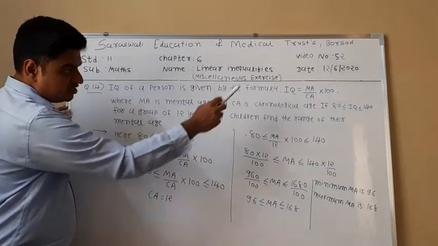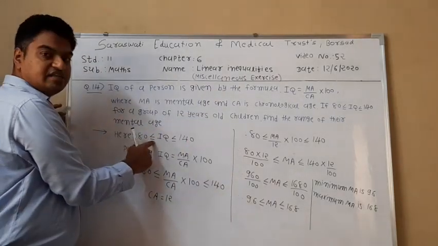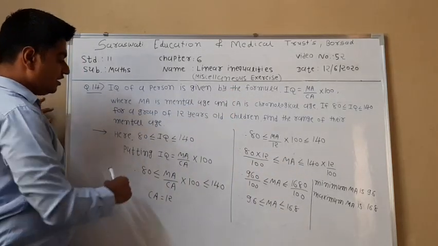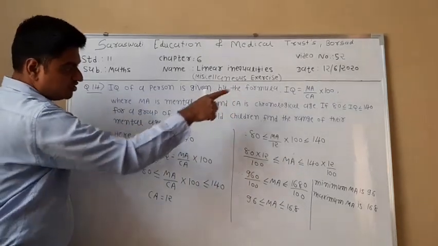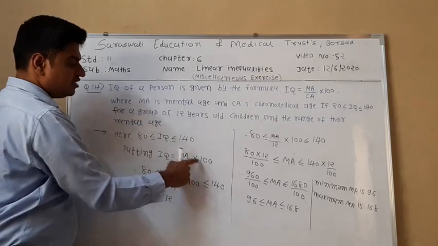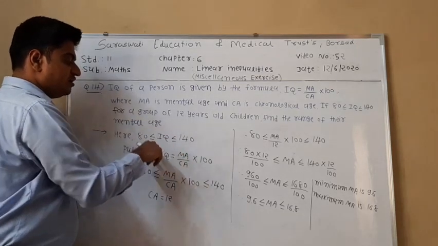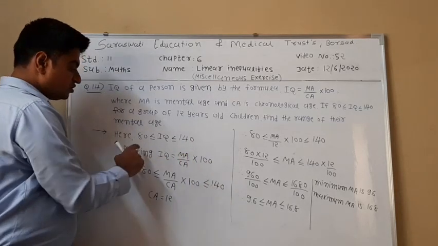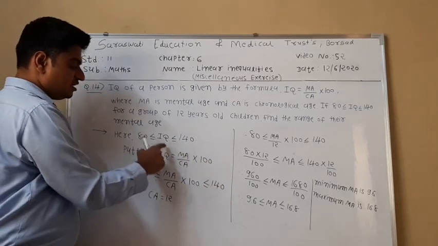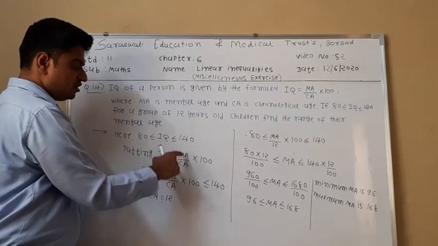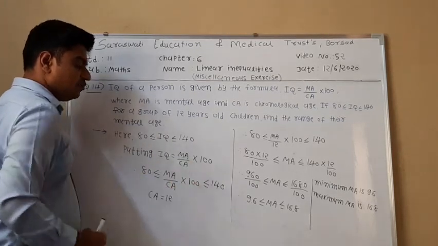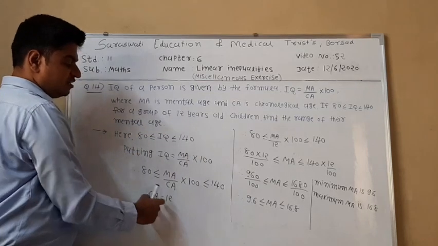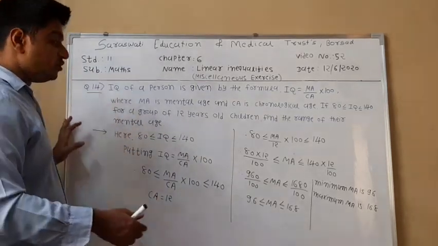So first, the condition is given here 80 less than equal to IQ less than equal to 140. Now putting IQ is equal to MA upon CA multiply 100, in this equation substitute this value in place of IQ. So therefore 80 less than equal to MA upon CA multiply 100 less than equal to 140. But here the chronological age is given 12, that means CA is equal to 12.